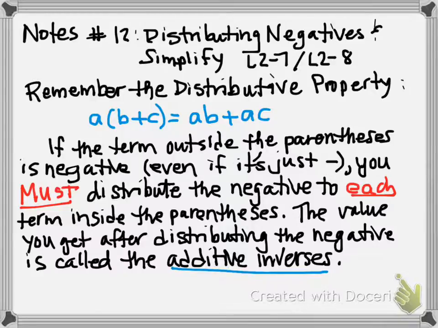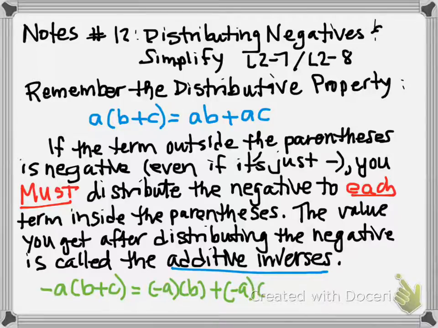So basically what this is saying, if I have a negative value outside the parentheses, I'm going to multiply that negative A times the B, plus, and that comes from what's inside the parentheses, the negative A times the C, which results in a negative AB, so I get opposite signs, minus AC.